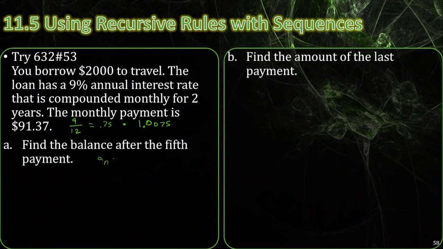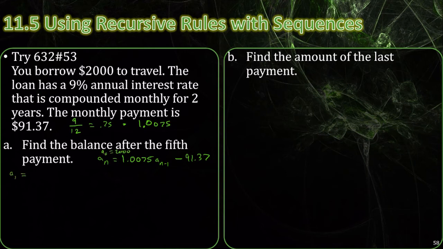So a(n) is going to be that number times what we had before, and then we'll subtract the amount you pay. And we're starting at A0 is 2,000.